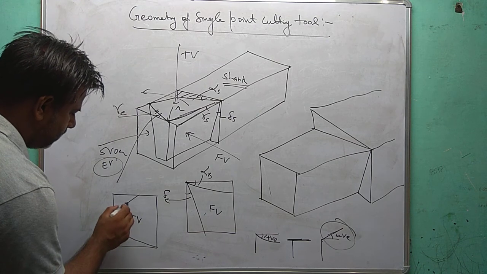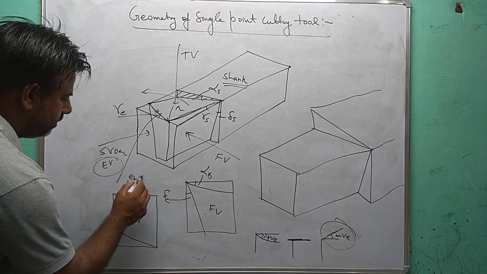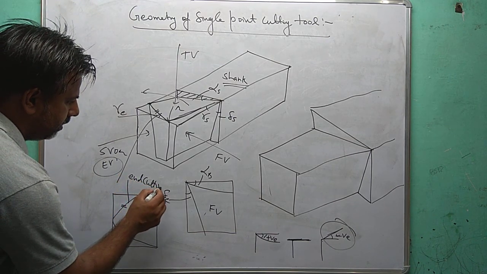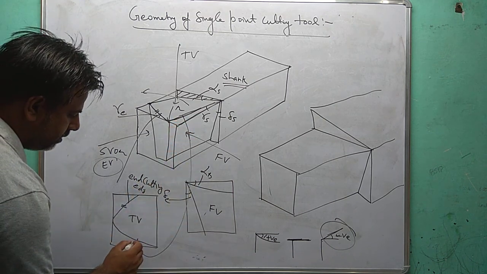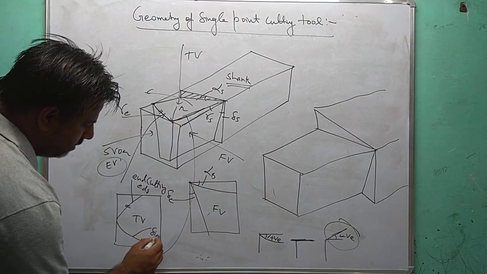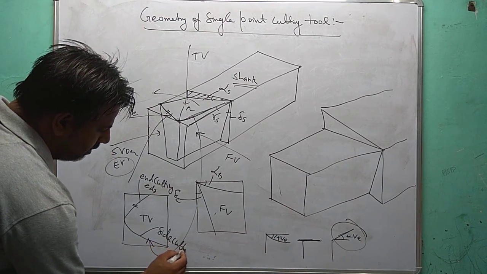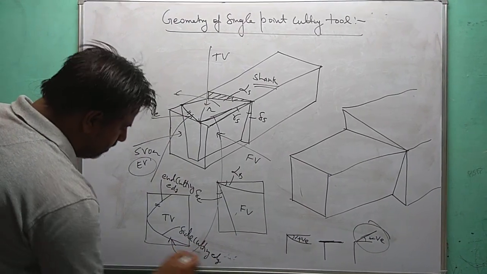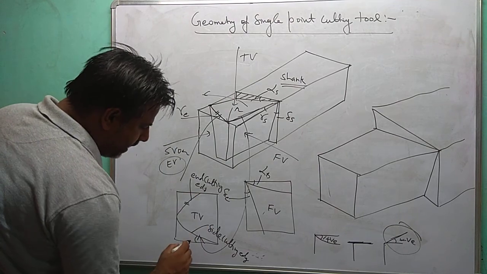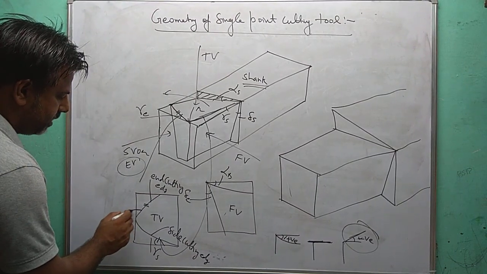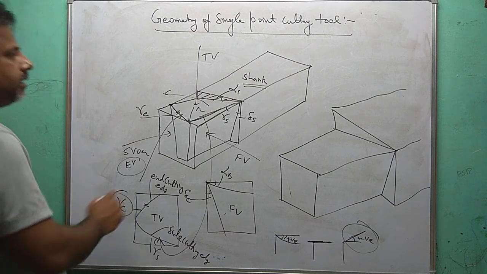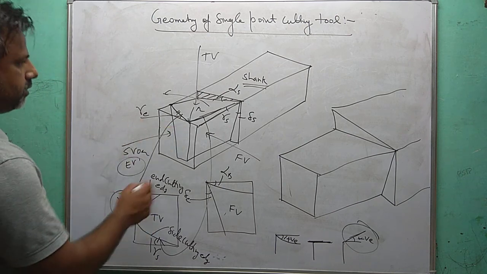This is the end cutting edge, and this is my side cutting edge. This is my side cutting edge angle, and this is my end cutting edge angle. So this is the top view.